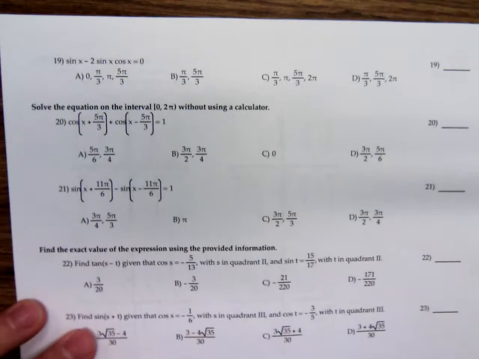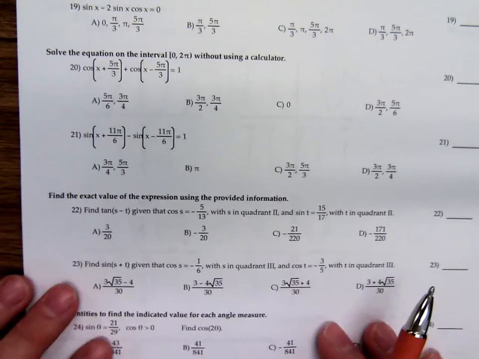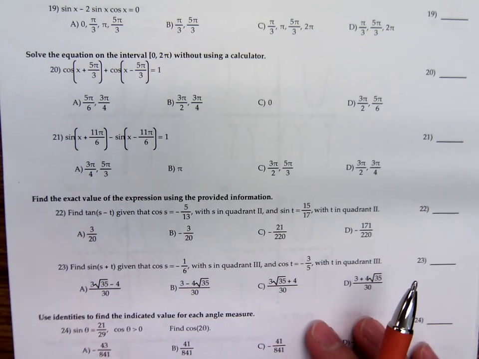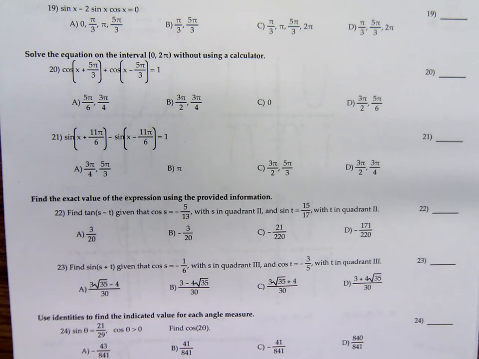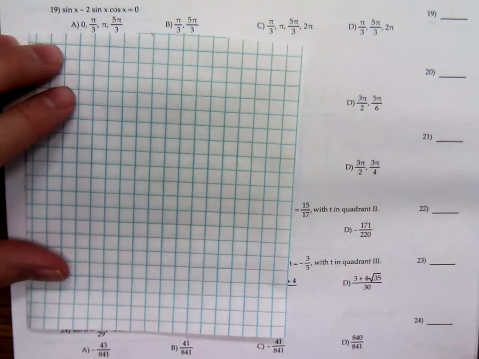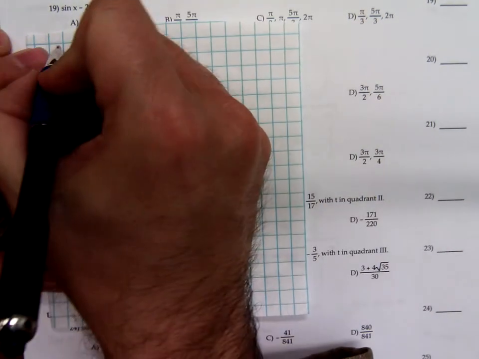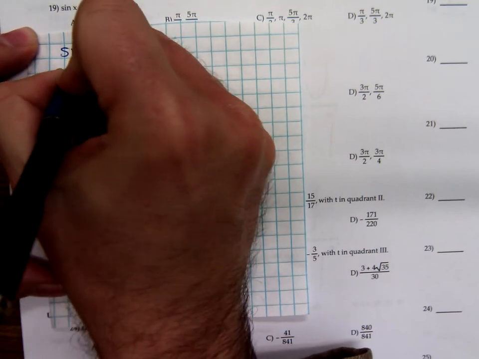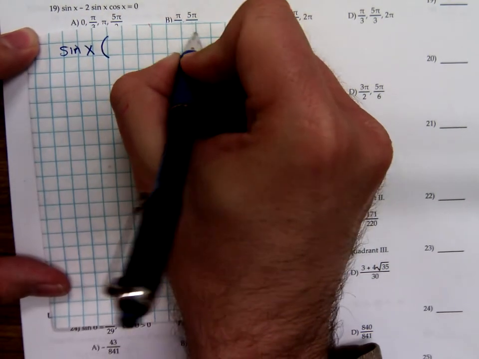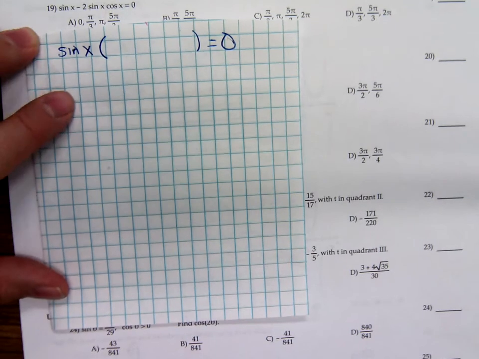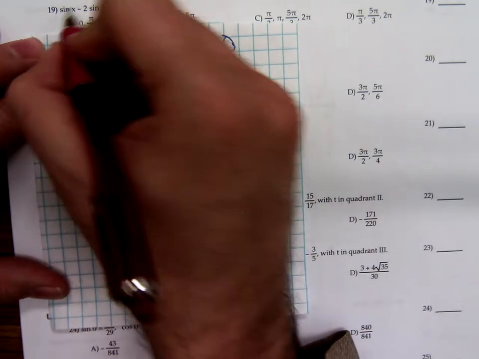Let's see, number 19. Well, that one's not already factored, is it? So let's see, what can we do on this one? Factor out a sine x. Did y'all hear that? I factored a sine x out of each one of these. What's going to be in the parentheses? Sine x, what do I have to put in here so I can distribute?